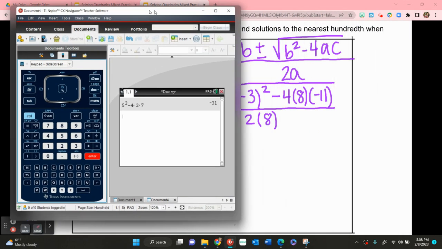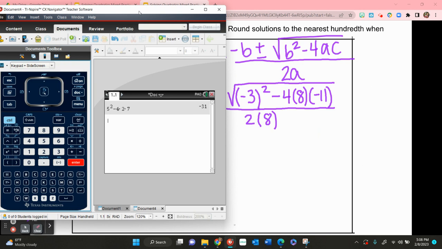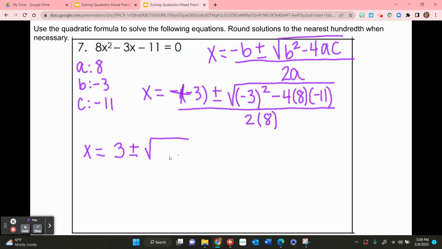So I'm plugging in parentheses negative 3, step out of my parentheses, squared, minus 4 times 8 times negative 11. When I press enter, I end up with 361. So this is 3 plus or minus the square root of 361 all over 2 times 8, which is 16.